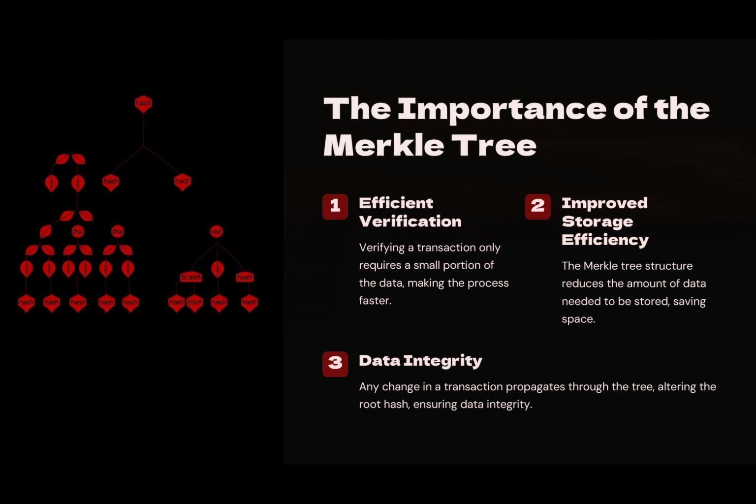Without the Merkle tree, verifying a single transaction would require downloading and checking all transactions in the block. This is very inefficient, right? The Merkle tree organizes transactions into a tree structure and allows verification with only a small portion of the data, such as the Merkle root and a few hash values, making the process much faster and more storage efficient.